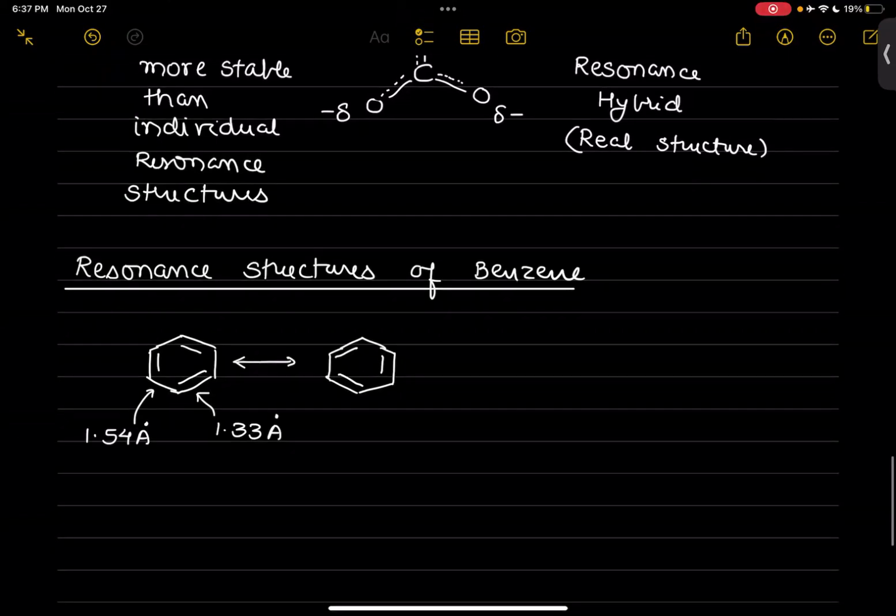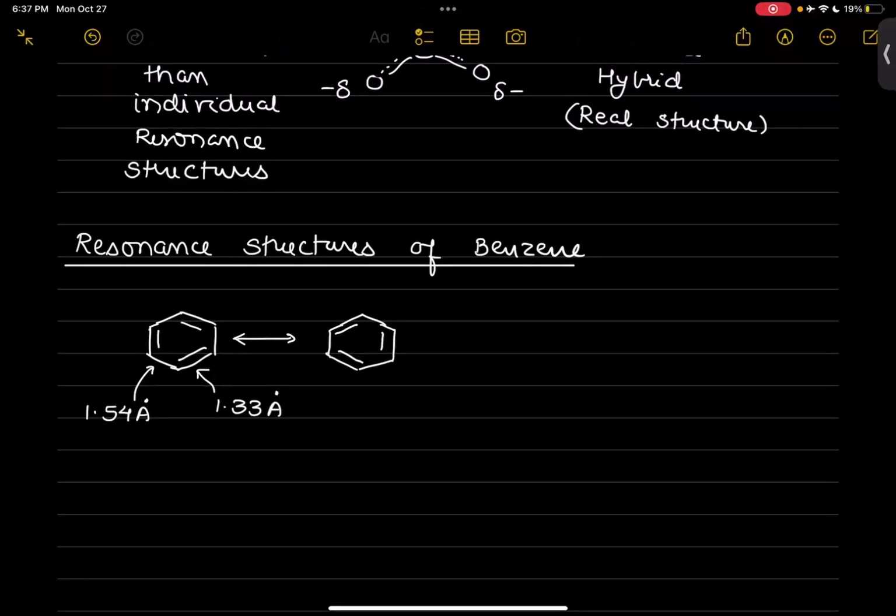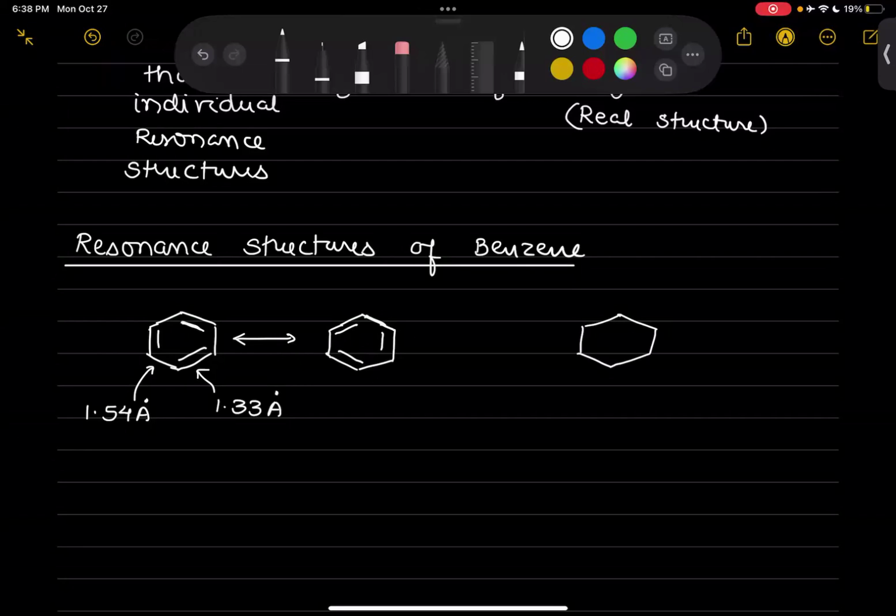But when we check the actual benzene, the actual benzene is the mixed form of these two structures, that is known as a hybrid. So how should I draw the hybrid? This yellow bond, when you compare at the same position, is a double bond in one and a single bond in the other.